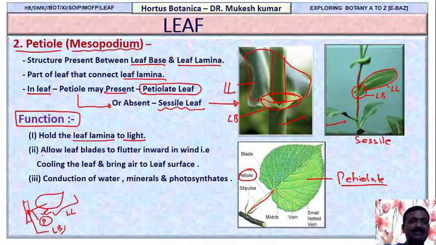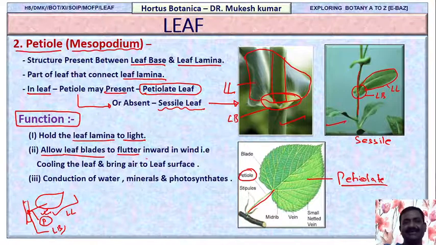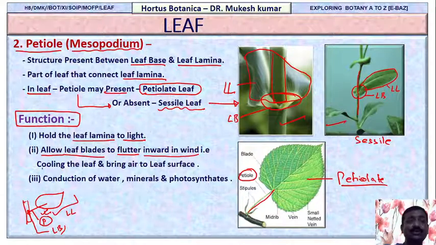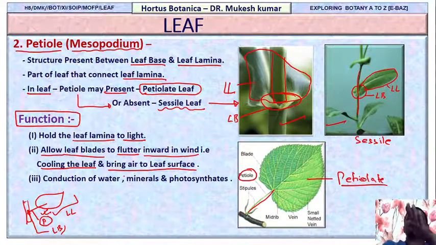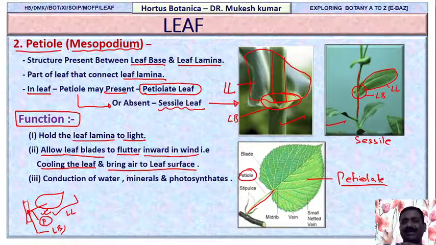It will also allow the leaf blade to flutter in the wind, which cools the leaf and brings air to the leaf surface. If they get more air, they will cool the leaf, so the body temperature will come down. It's very significant in plant physiology.